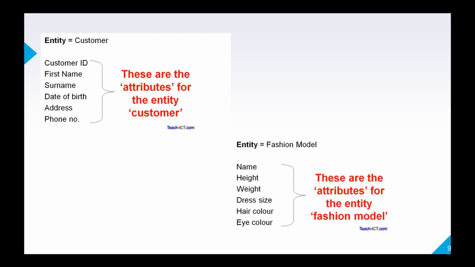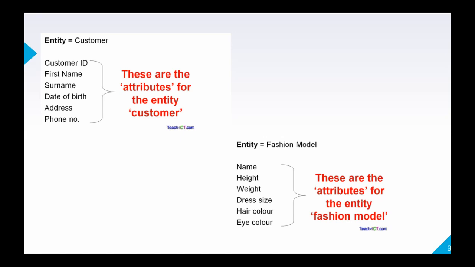These are all attributes of that customer. In this case, it would identify that customer. Who is he or she? Just by knowing the customer's ID, you can now identify who that customer is. Okay? So that is an attribute.